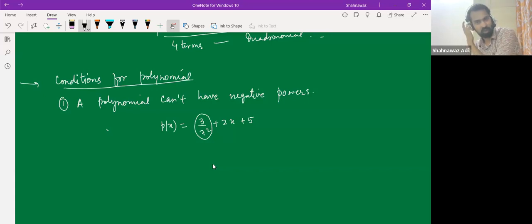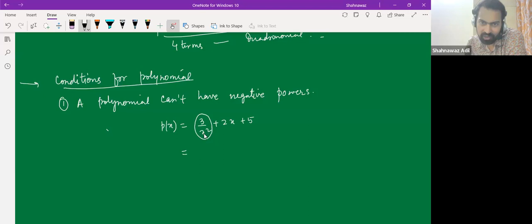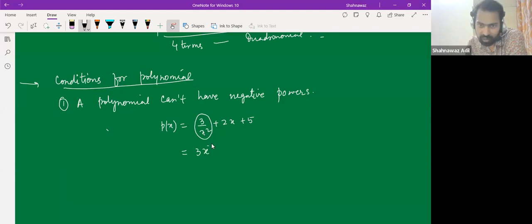Yes, Hami, what is the power of this term? x squared, so 2. This is in the denominator. So if I take this term in the numerator, the power would be what? Minus, right?